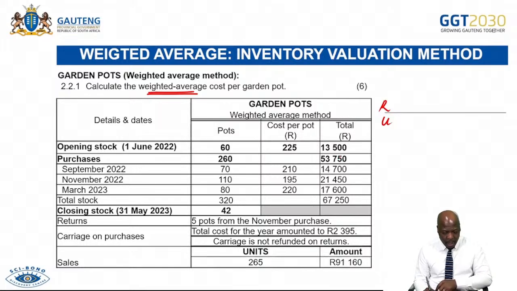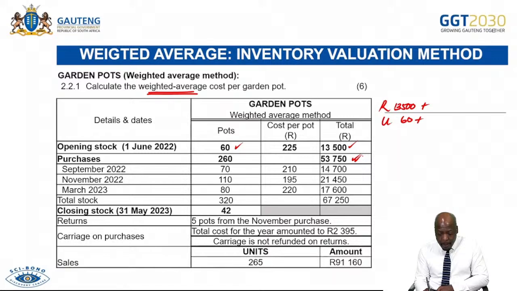Let's go. What is my first thing? Opening stock. Okay, 13.5. So I'm coming here to say 13.5. That is my opening stock. I need the units now. How many are they? 60 over here. Then I'll come and say plus. You already know what we're going to add. We're going to add our purchases.